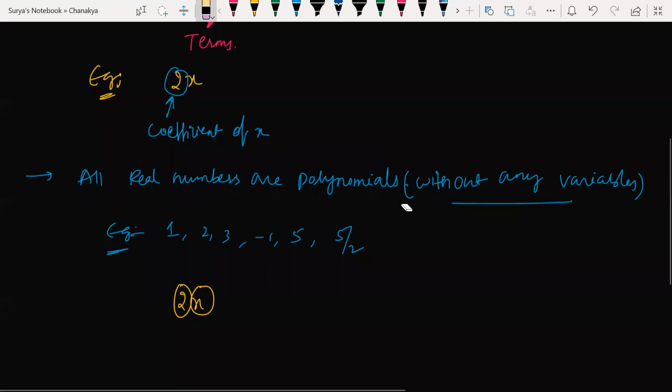So all real numbers are polynomials without any variables. Hope it is clear. Yes, sir. Yes. Next.